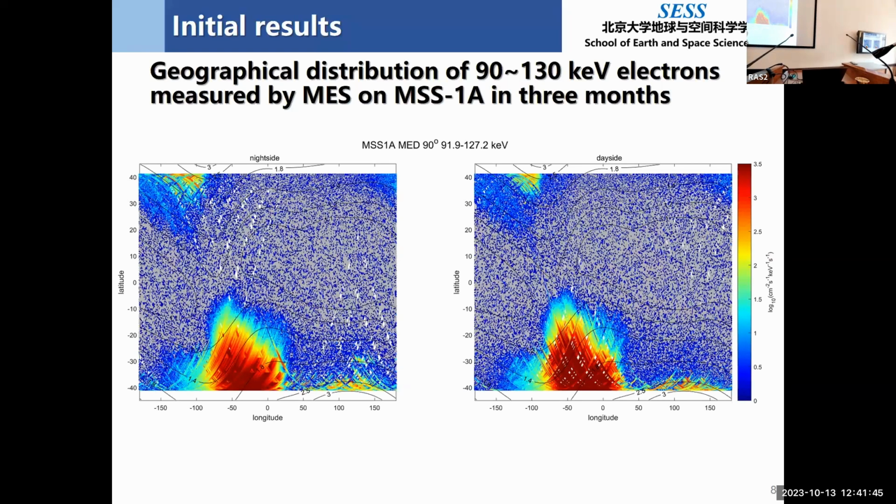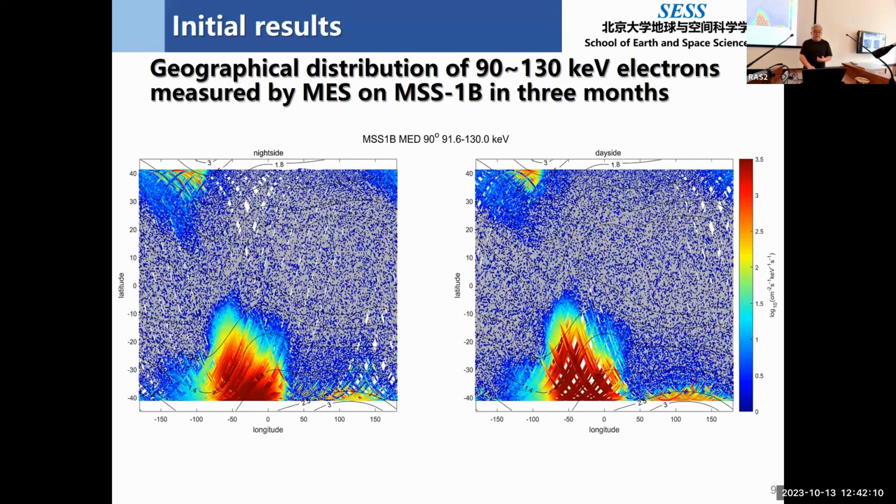This one is not so easy to see, but it's important because it's the electron precipitated by the NWC. So we can see the difference. I will explain it later.